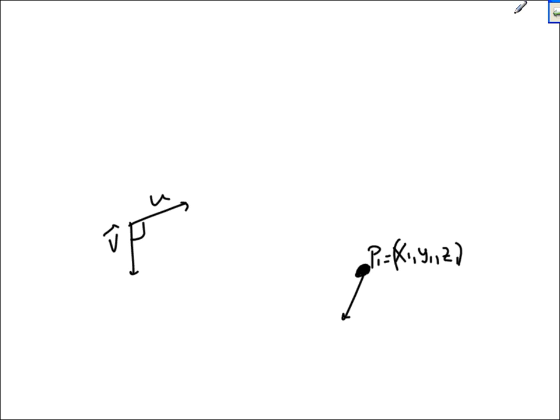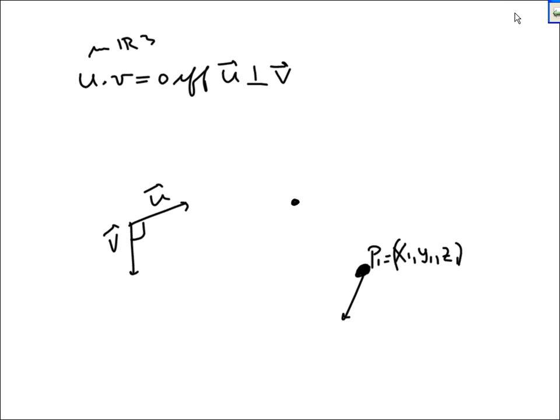So u dot v, we are in R3, u dot v equals 0 if and only if u and v are perpendicular. In fact, it's true for R2, but we are in R3 now.